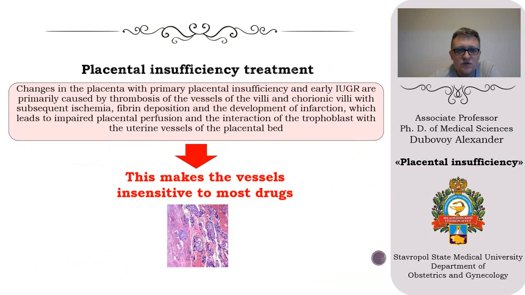Placenta insufficiency treatment, main problem: changes in the placenta with primary placenta insufficiency and early intrauterine growth restriction are primarily caused by thrombosis of the vessels of the villi and chronic villitis, with subsequent ischemia, fibrin deposition and the development of infarction, which leads to impaired placental perfusion and impaired interaction of the trophoblast with the uterine vessels of the placental bed.